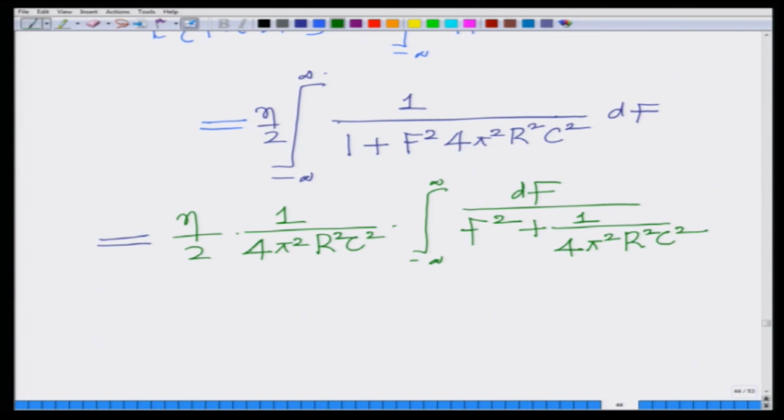Okay. So, I have simplified this integral, and this integral can be evaluated in closed form.